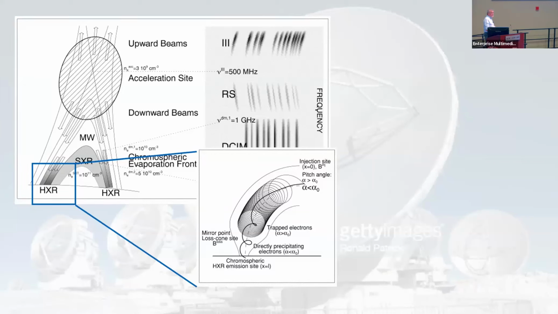Those with small pitch angle, more closely aligned with the field, stream out of this magnetic bottle and hit the chromosphere and produce hard X-rays or whatever. Also thermalize and produce hot, soft X-ray emitting plasma, which they use the unfortunate term ablation, that backfills the loop that you see very brightly lit in soft X-ray imaging.